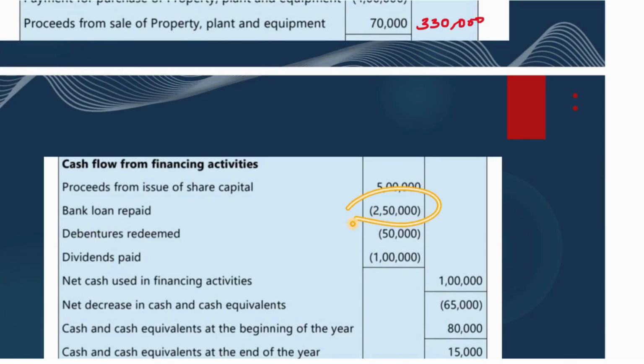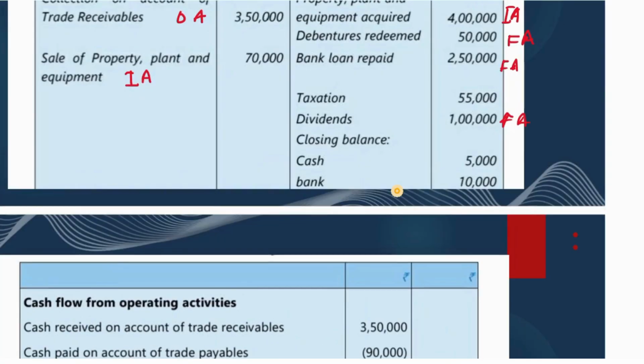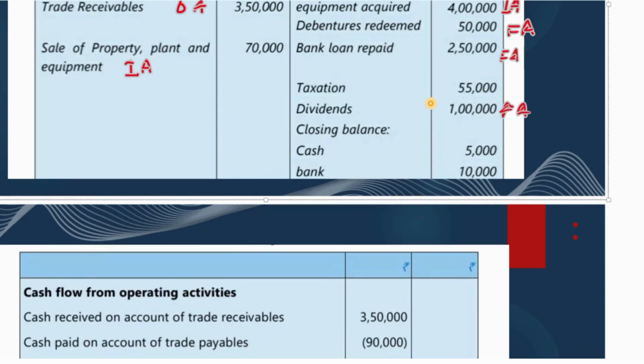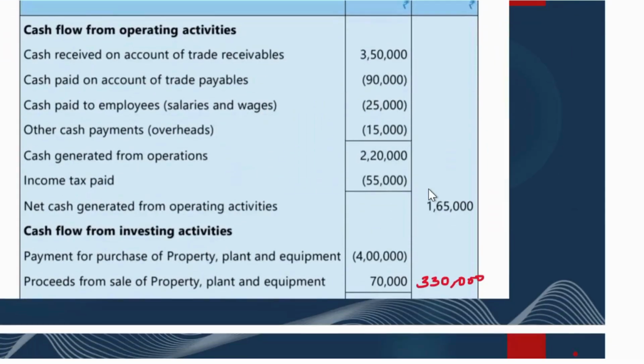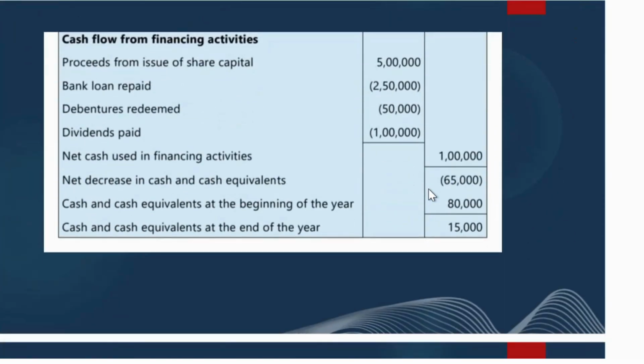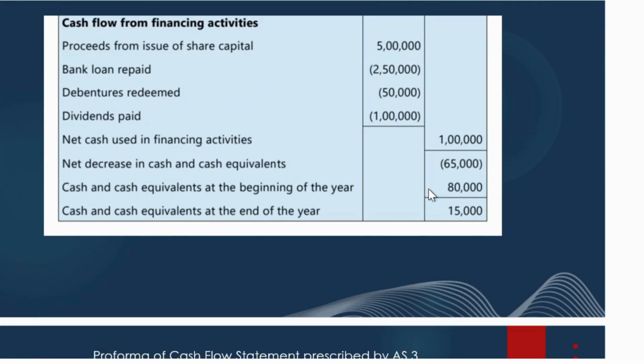Thereafter we have paid a loan as well, of 2,50,000, as was given in the question here, so we have recorded this also. Now other transactions like debenture redeemed and the dividends we have to record also: 50,000 for debenture redeemed, and dividend has been paid for 1 lakh.